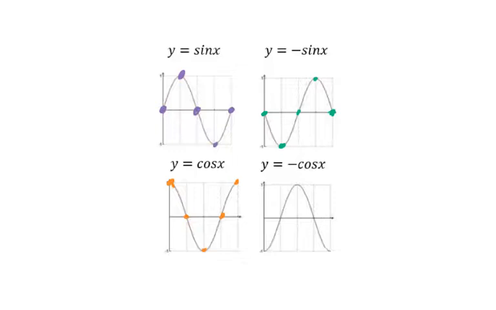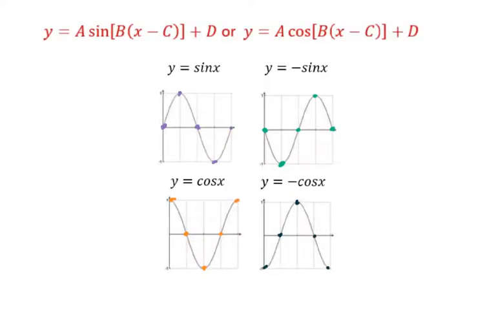For y equals negative cosine x is this pattern. We know that for a sine function and a cosine function, this will be the transformed form.